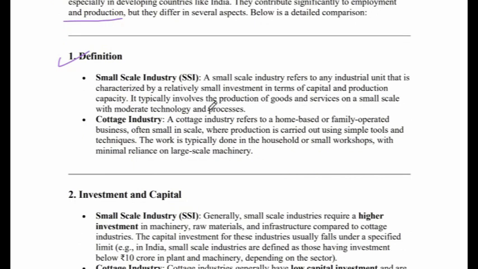It typically involves the production of goods and services on a small scale with moderate technology and processes. एक बार फिर से देखते हैं, स्मॉल स्केल इंडस्ट्री एक ऐसा इंडस्ट्रियल यूनिट है जो बहुत स्मॉल इन्वेस्टमेंट पे काम करता है, उनका कैपिटल भी बहुत कम होता है इन द बिजनेस, एंड देयर प्रोडक्शन कैपेसिटी इज आल्सो वेरी स्मॉल. सो दैट इज व्हाई इट इज डिफाइंड एज अ स्मॉल स्केल इंडस्ट्री, बिकॉज कैपिटल इज वेरी लेस and their production capacity is also very less.